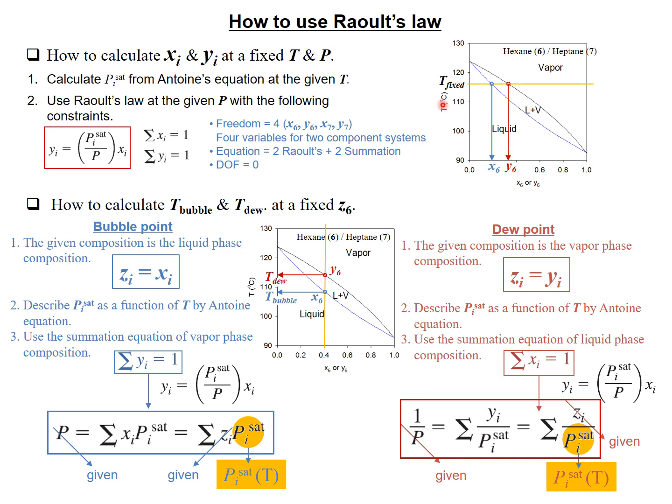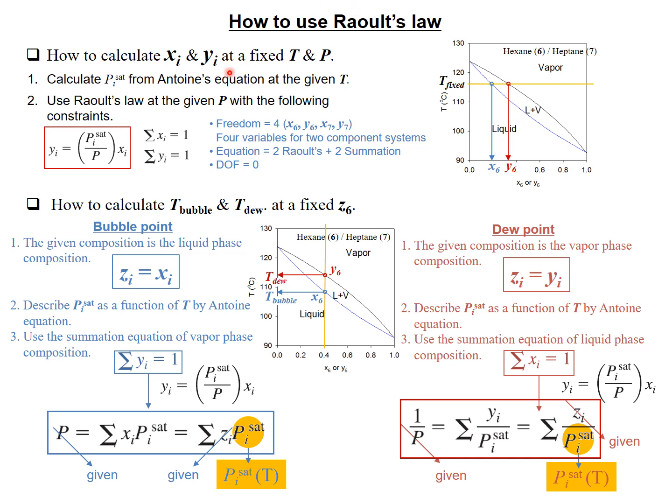And the y-axis is the temperature, of course, and we have a liquid region where both components are all liquid, and we have a vapor region for both compounds. Between them we have two-phase regions in which two phases coexist.